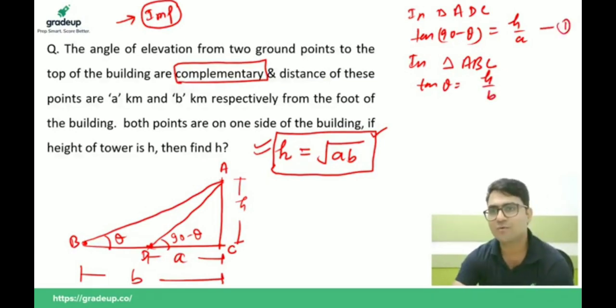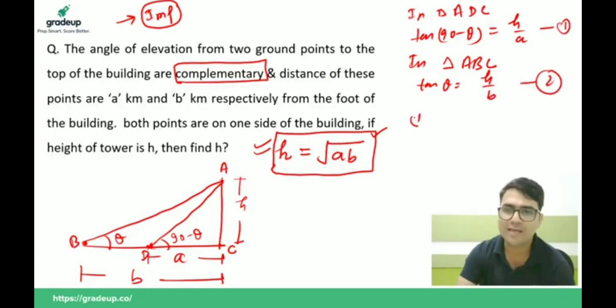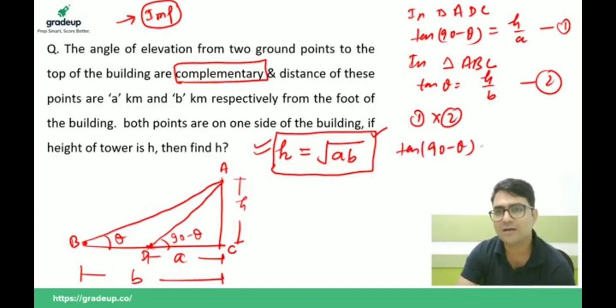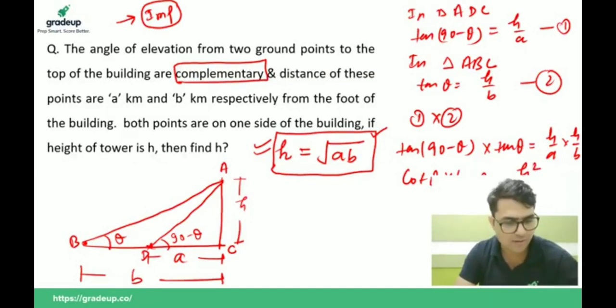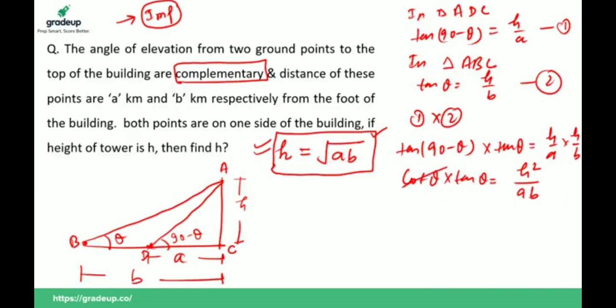This is equation 1 and this is equation 2. Multiplying equations 1 and 2, we get tan(90 minus theta) times tan theta equal to h upon a times h upon b. Tan(90 minus theta) is cot theta, and cot theta times tan theta is 1, so it cancels out. Now h square is equal to AB, and h is equal to root AB.